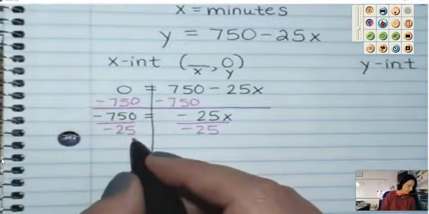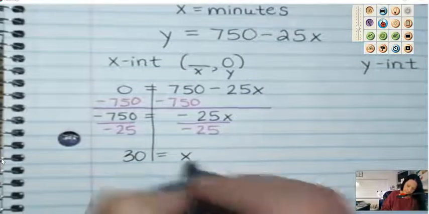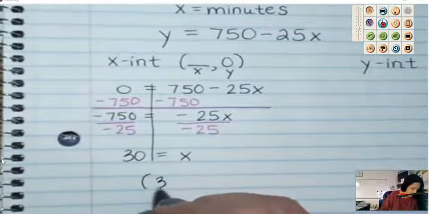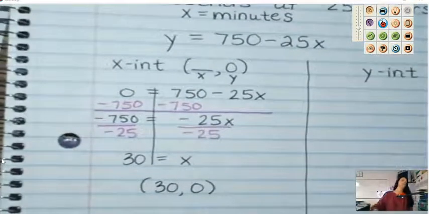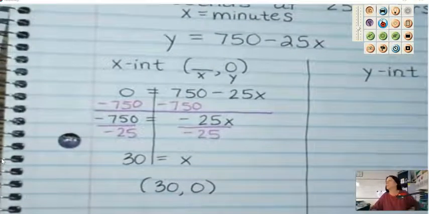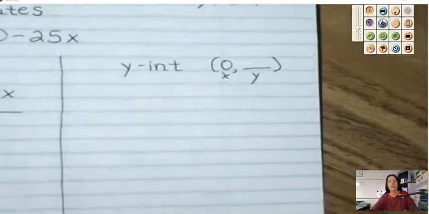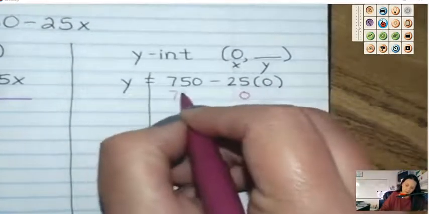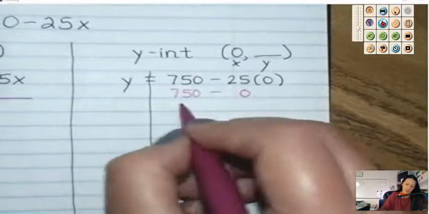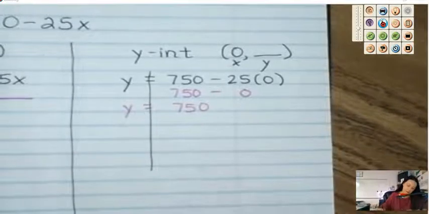Negative 750 divided by negative 25 is 30. So the x-intercept is (30, 0). Now go ahead and do that for the y-intercept. Plug in 0 for x. So 25 times 0 is just 0. 750 minus 0 is just 750. So y is 750.